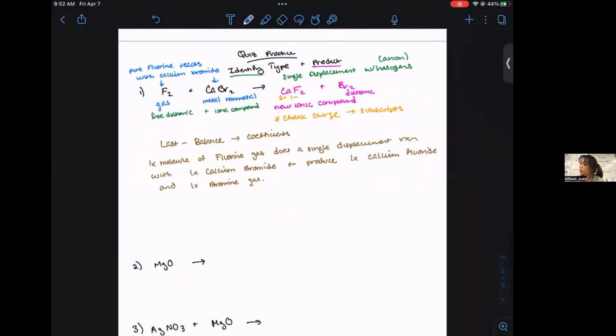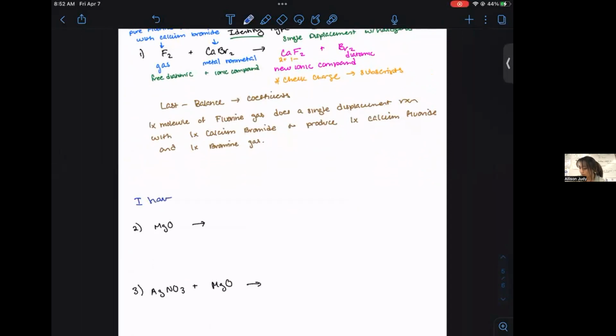Step 1, I would have told you I have magnesium oxide, and it reacts to form its simpler elements. Maybe I should put it that way, simpler elements.